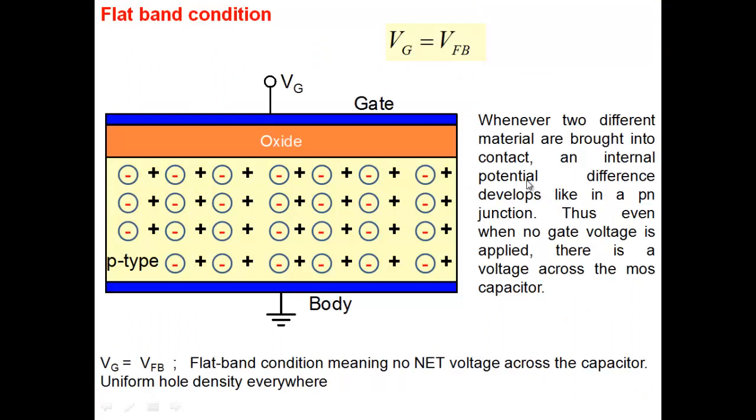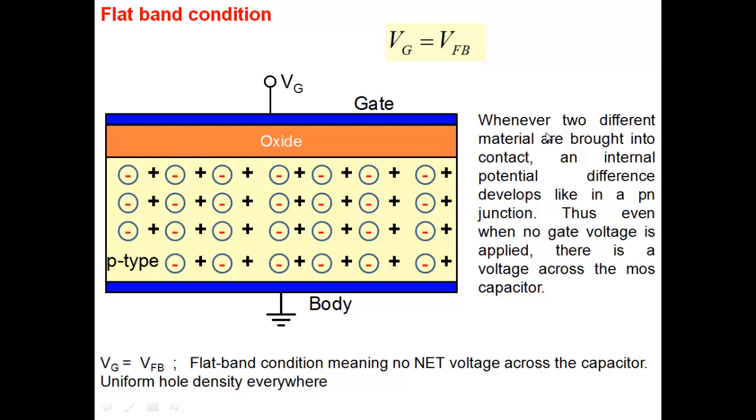The first thing is, I've been saying that when you apply a gate voltage equal to 0, you end up with something like a normal p-type semiconductor. There are no fields and all that. This is not true in practice. Whenever you take two different materials, which we have seen in the previous semester, let's say you take p-type silicon and n-type silicon, and you put them into contact, what we call a contact potential develops between the two semiconductors.